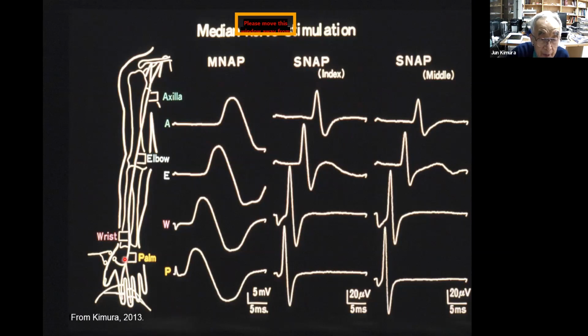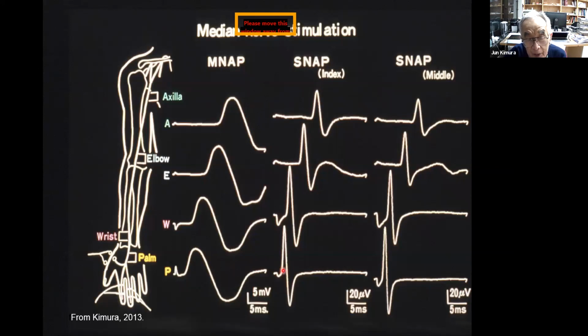When you stimulate in the palm, the thumb twitches appropriately, and you record this from abductor pollicis brevis. As you move the stimulating electrode more proximally, latency, of course, becomes longer and longer in proportion to the distance. But the compound muscle action potential you record from abductor pollicis brevis is about the same, right?